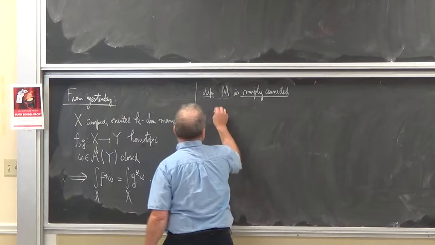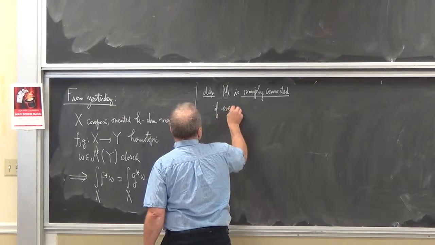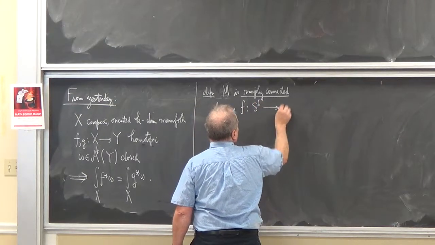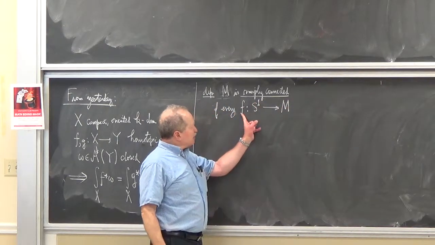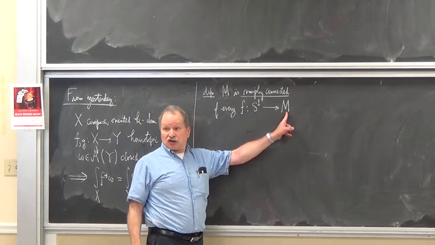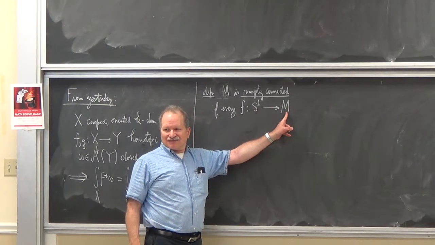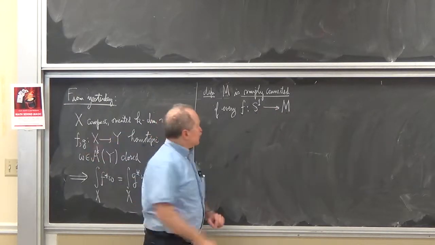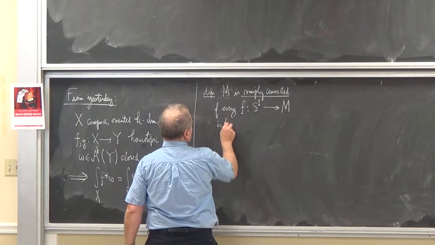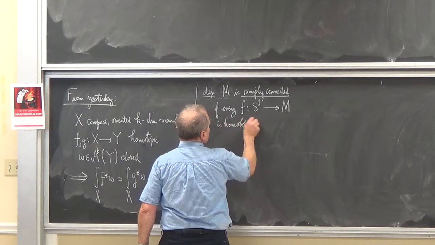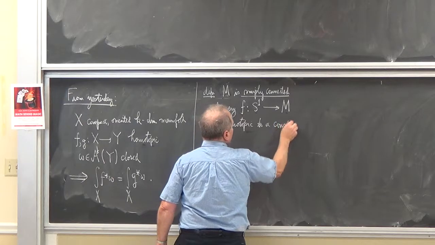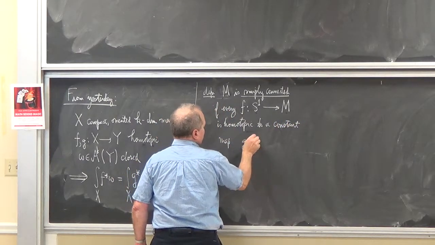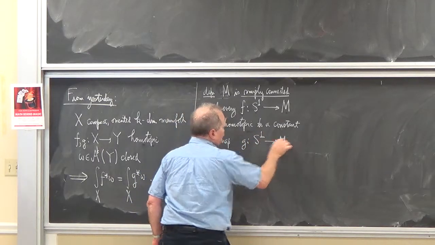So M is simply connected if every F from a circle into M, which is just going to be a closed curve in M, right? That's what we talked about yesterday. A circle just gives you a closed loop in your M. If every F is homotopic to a constant map, what does a constant map do?